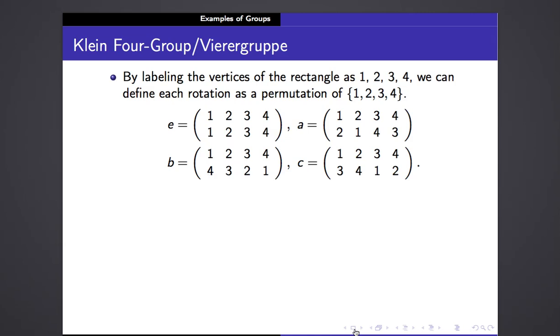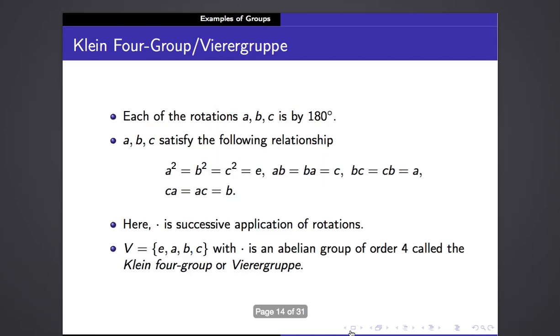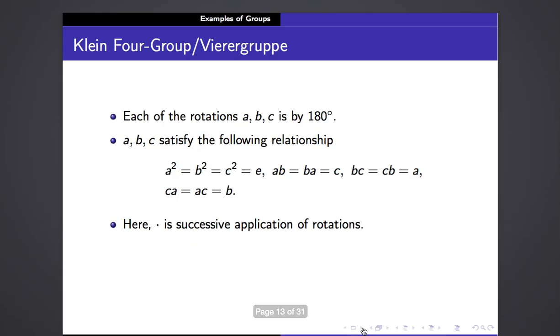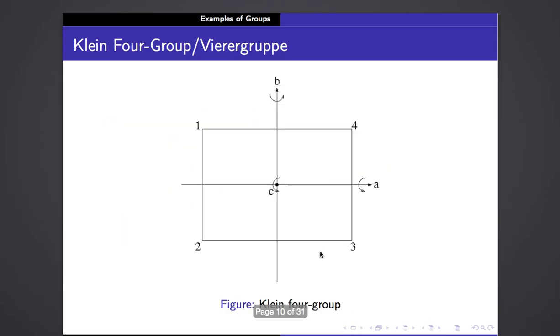How do we get this? Obviously, from the definition. So here, that's rotation A, right? So if you rotate this rectangle about the x-axis by 180 degrees, then this 1 goes to 2 and 4 goes to 3.